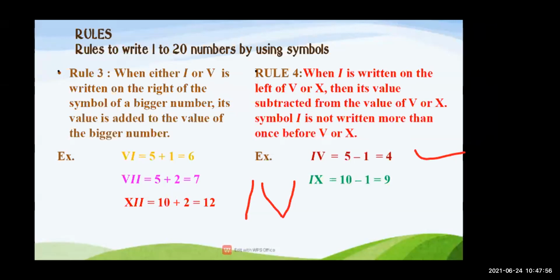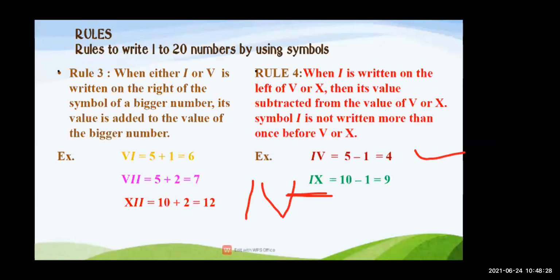So for the left side, what do we have to do? We subtract it from the bigger number. Now here the bigger number is V. V means 5. So we have to subtract 1 from 5. So 1 from 5 will become 4. You can see the second example also, it is written IX. Now X means 10. X means 10.